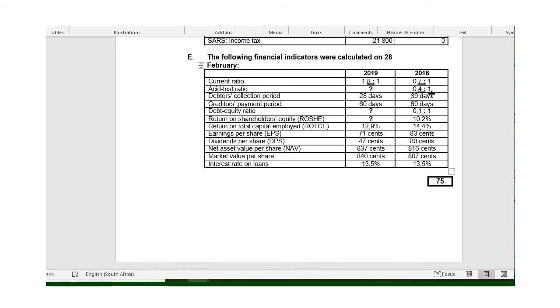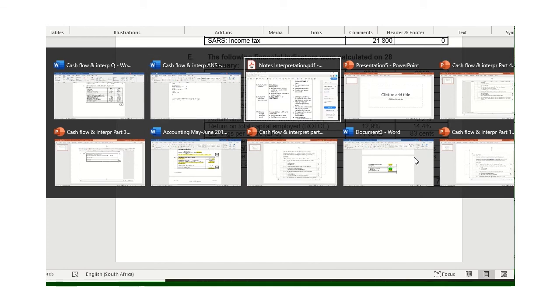Now the debtors collection, that means how long do debtors take to pay us. Last year it took them on average 39 days. It came down to 28. So with the debtors collection, we want it to come down. The less, the better. So it is also an improvement. So the debtors collection period improved from 39 days to 28 days.